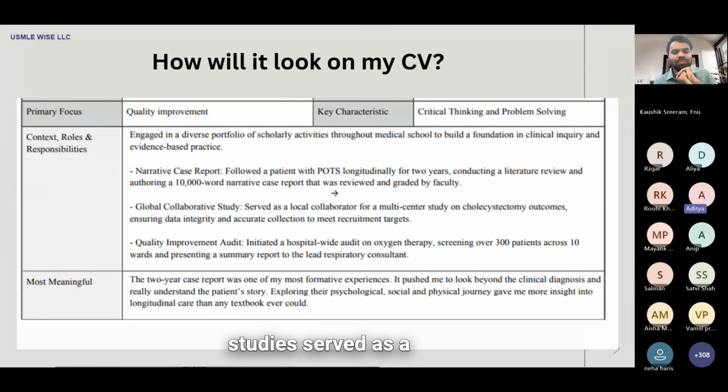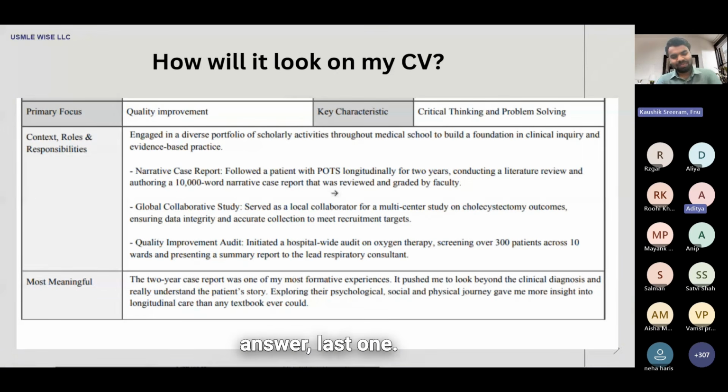Global collaborative studies: served as a local collaborator for a multi-centered study on cholecystectomy, ensuring data integrity and accurate collection to meet recruitment targets. Quality improvement audit: initiated a hospital-wide audit on oxygen therapy, screening over 300 patients across 10 wards and presenting a summary report to the lead respiratory consultant.